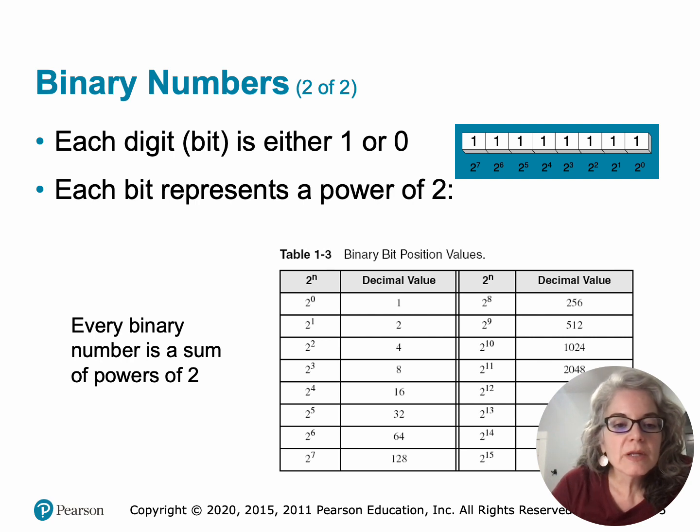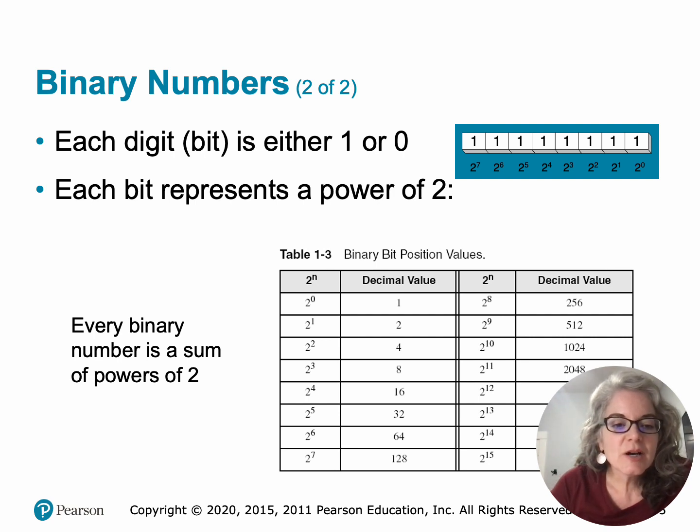If we look at this position here, this is position 0, so this would be 2 to the power of 0. 2 to the power of 0 has a decimal value of 1. Decimal values are the numbers that we use in our system, the decimal system. Just like you count 1, 2, 3, 4, 5, 6, 7, 8, 9, 10, those are decimal numbers, and that's the decimal system that we use.